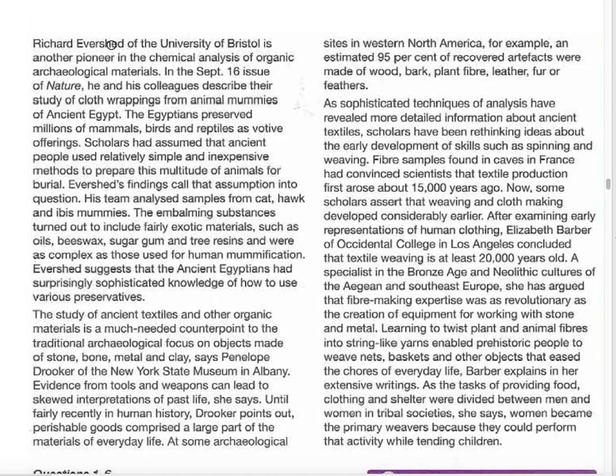Here's Evershed. Another pioneer. Very interesting research that these people are doing. I don't know. Are you interested in this kind of research? Okay, so the Egyptians preserved millions of mammals. Scholars had assumed. Okay, Evershed finds. Okay, here's the key. It says his findings call that assumption into question.